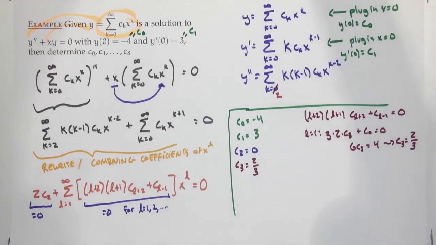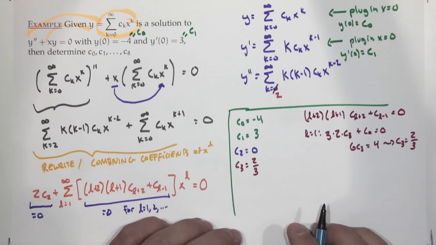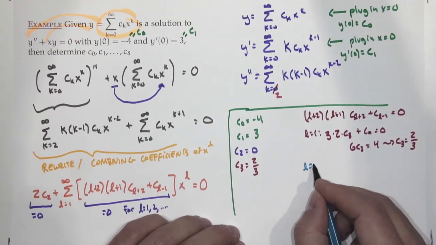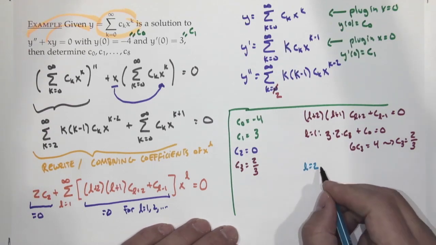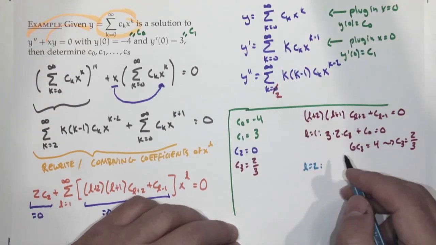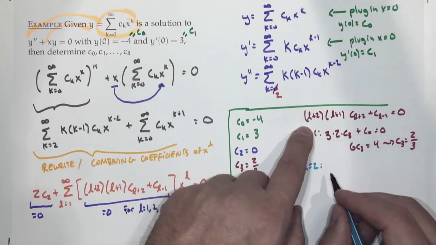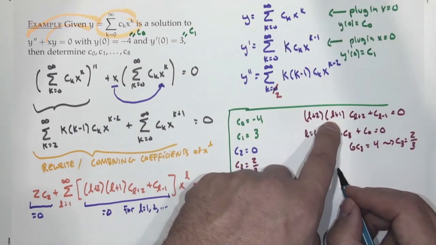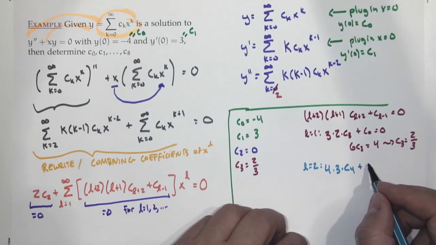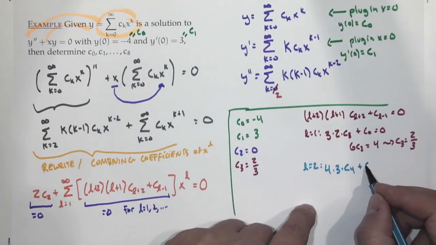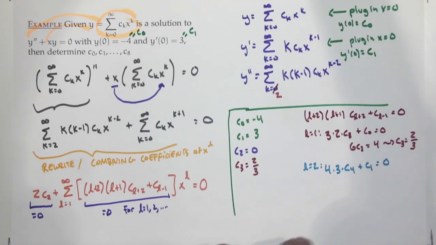Well, what do you think we're going to do next? Plug in L equals 2. We just work our way up. Constant term, coefficient of x to the 1, coefficient of x squared, and you just keep going. Okay, we plug in L equals 2. What do we have? Oh, sorry, this recursion becomes 4 times 3 times C4 plus C1 equals 0.